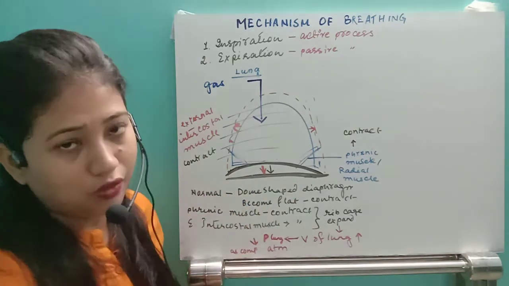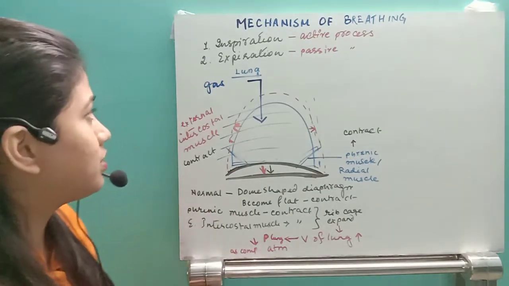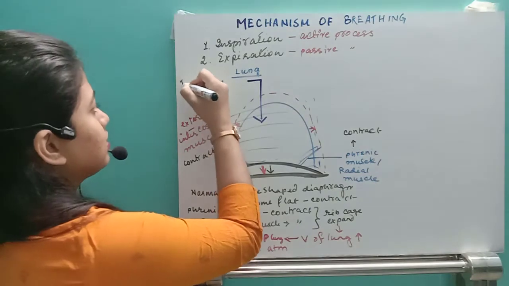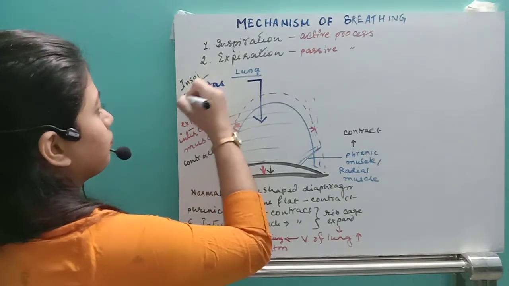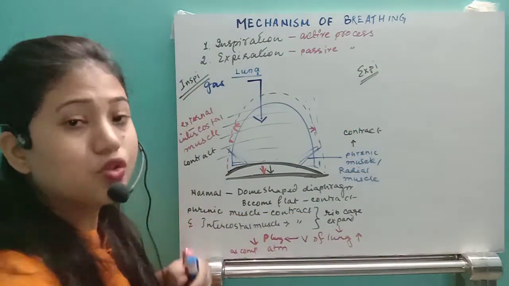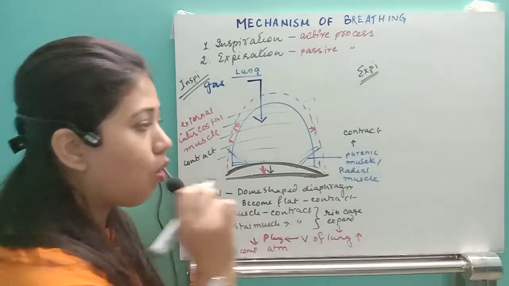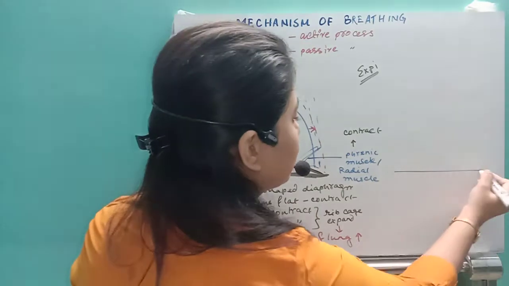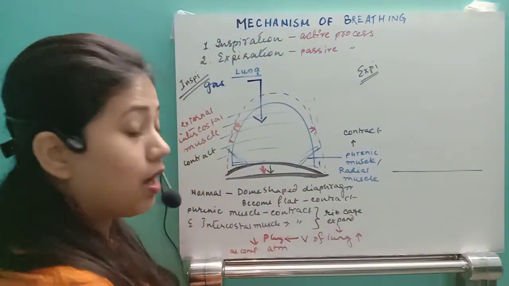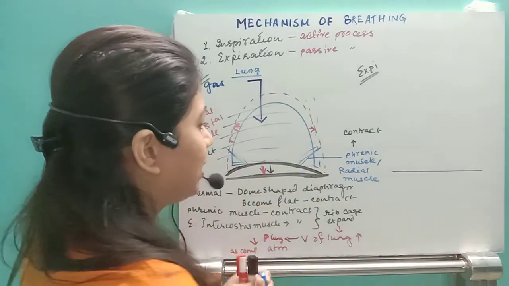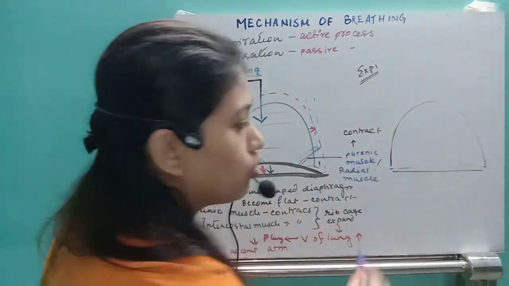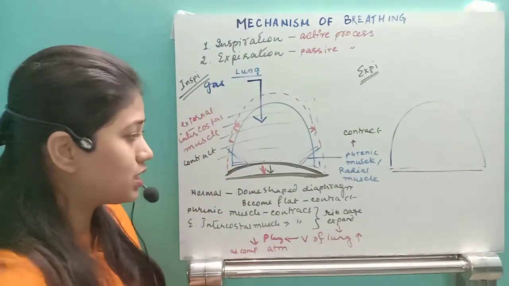Muscles are involved. Now after that we will see the next one, that is the expiration. In expiration, what is happening? Already we know that the diaphragm is flat, and the lung lying above the diaphragm has increased volume, which is why we had the inspiration.